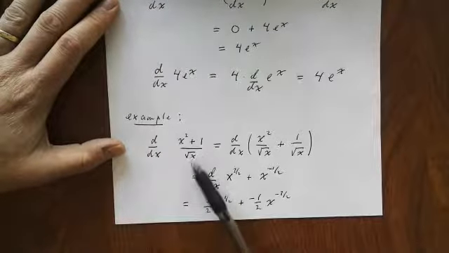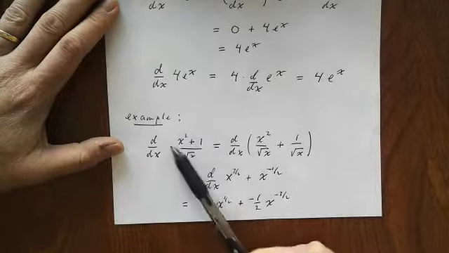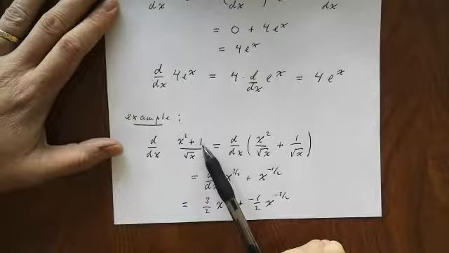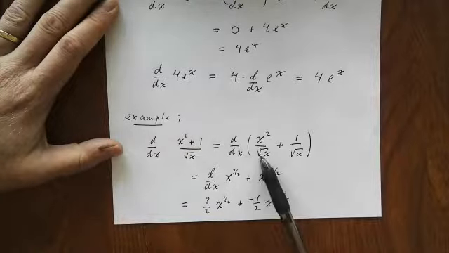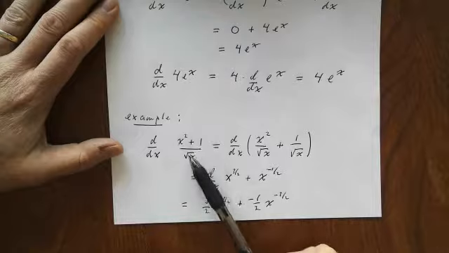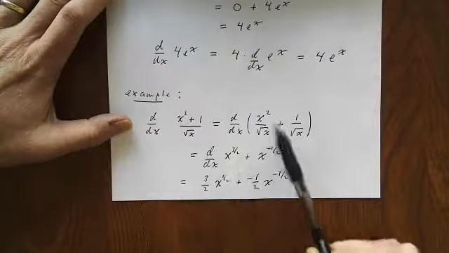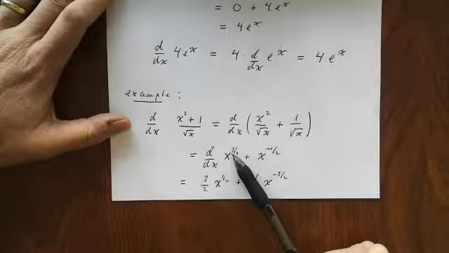Here's another example. The quotient rule. X squared plus 1 over the square root of x. Now, you could use the quotient rule here, but you could also use some algebra. X squared over the square root of x plus 1 over the square root of x. Remember, we can break up a numerator, but not a denominator. Now, x squared over the square root of x is x to the 3/2. We subtract exponents.